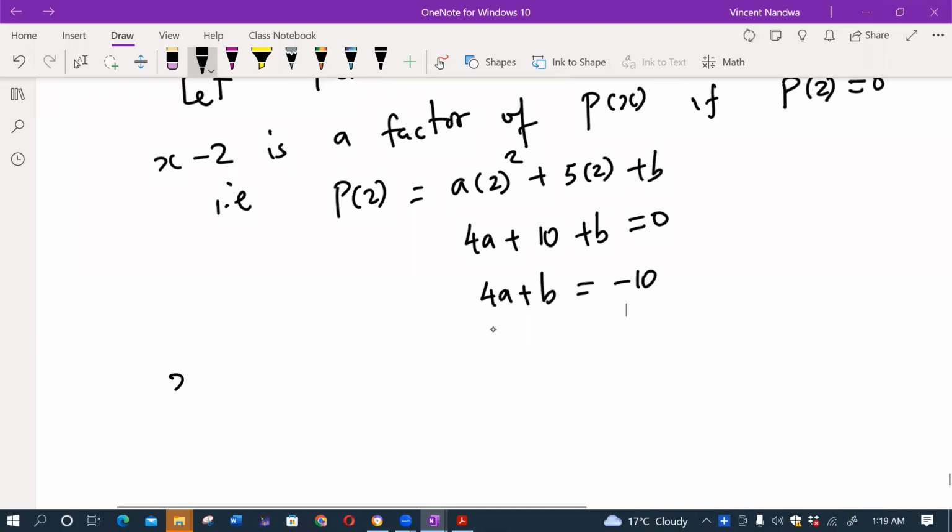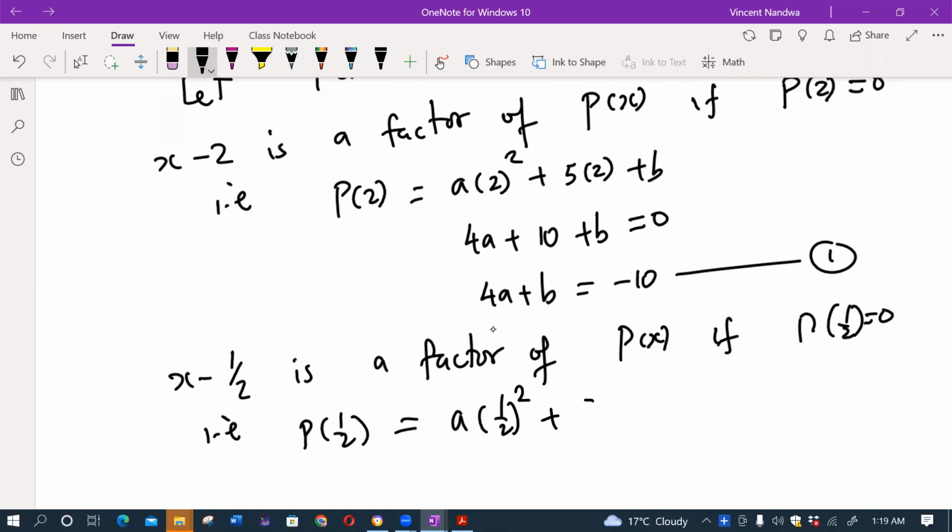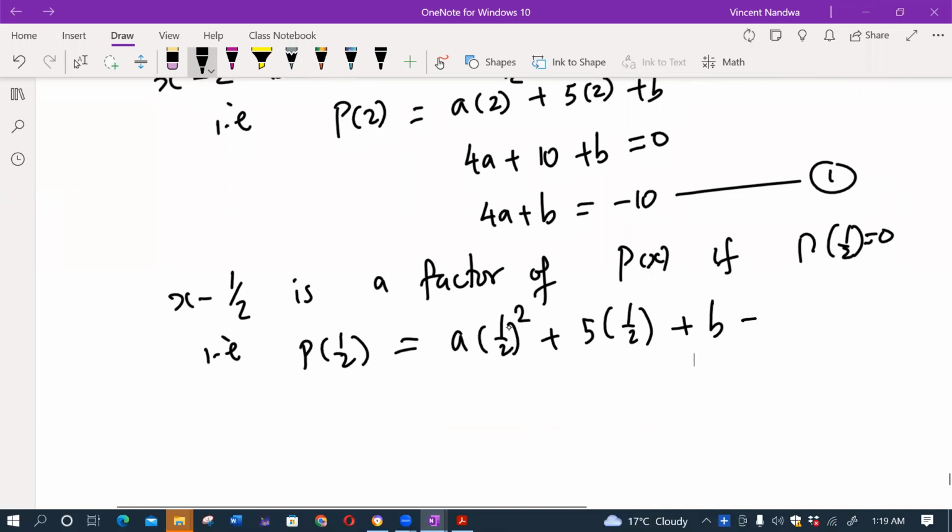Now, x minus a half is a factor, call this one 1, of p of x if p of a half is equals to 0. That is, p of a half is a into a half squared plus 5 times a half plus b. So expect this one to be 0.